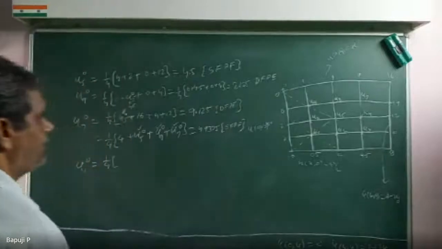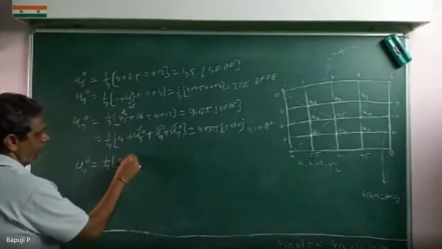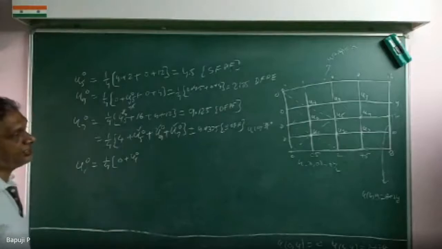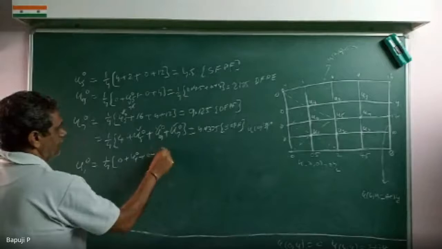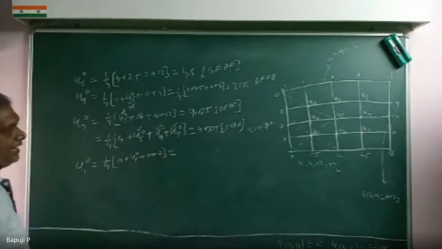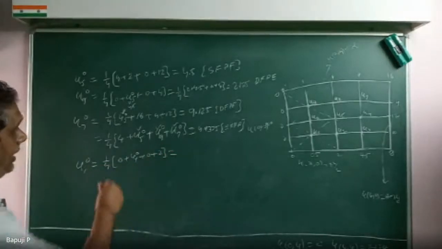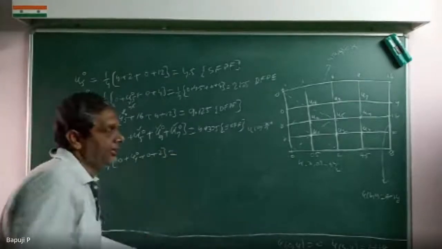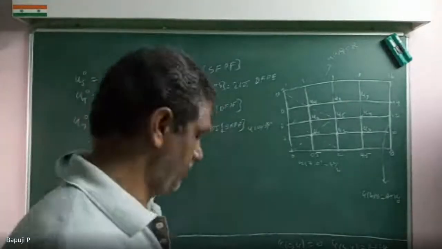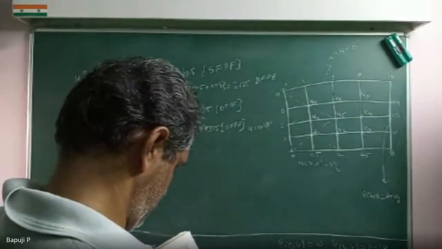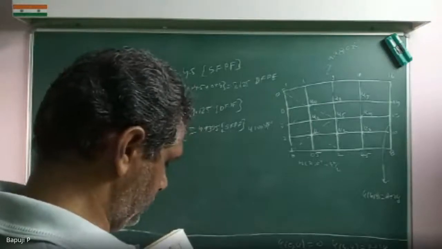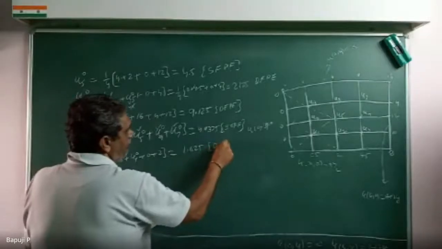So you will write 0 plus U5 of 0 plus 0 plus 2. U5 of 0 is in my hand, available. Don't write directly; in the next step you can write this value substituted, then you will understand. Then what did you get? 1.625, correct? Yes, sir. This is the diagonal 5-point formula.